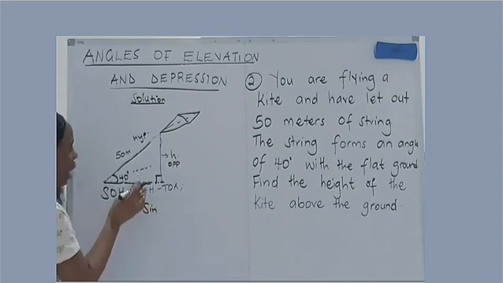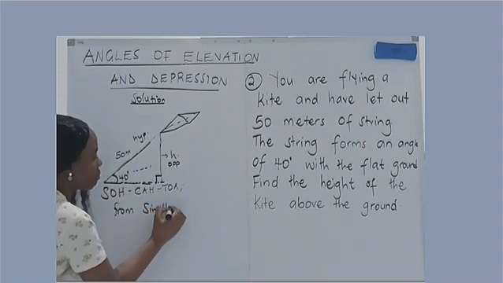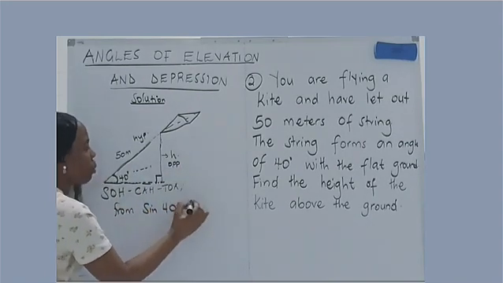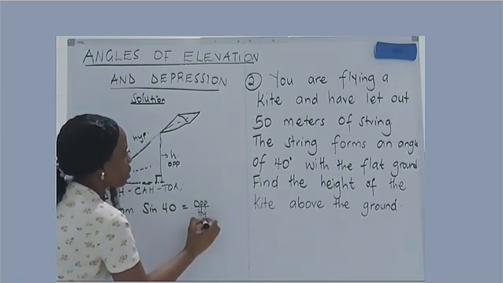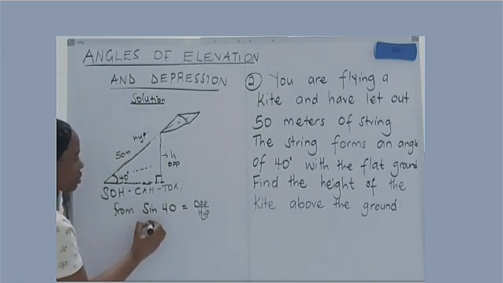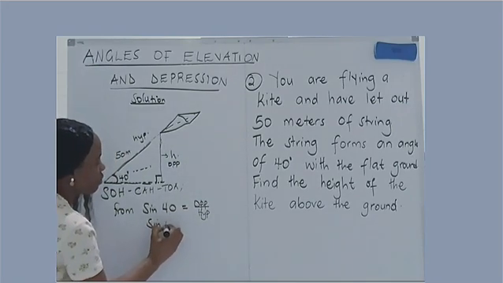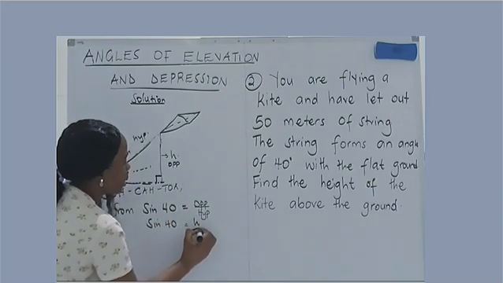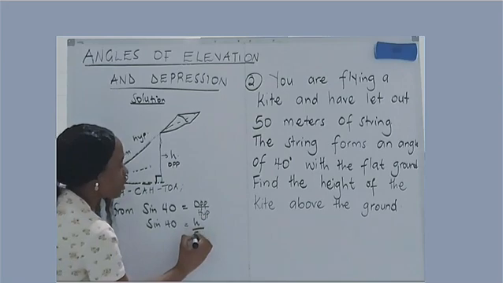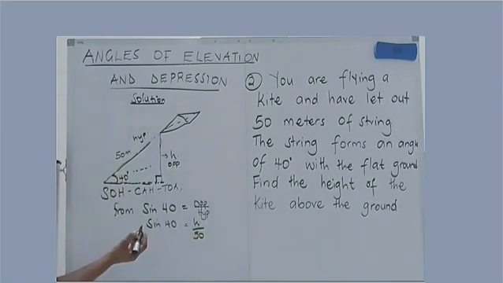sine of an angle 40 is equal to opposite out of hypotenuse. So this is going to be sine 40 is equal to, my opposite is h and the hypotenuse is 50. So how do we get the height?